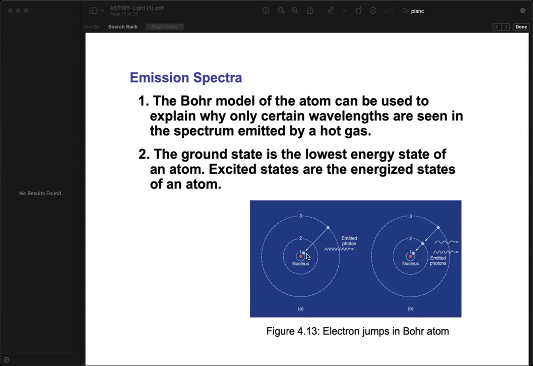And because there are fixed orbits, the difference of energy between third orbit and the second orbit, or the difference of energy between third orbit and the first orbit, is fixed.